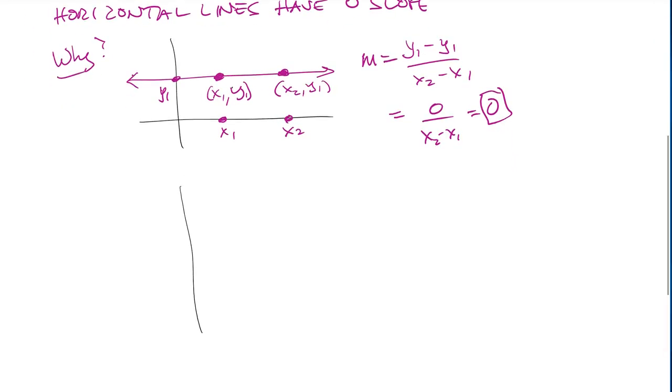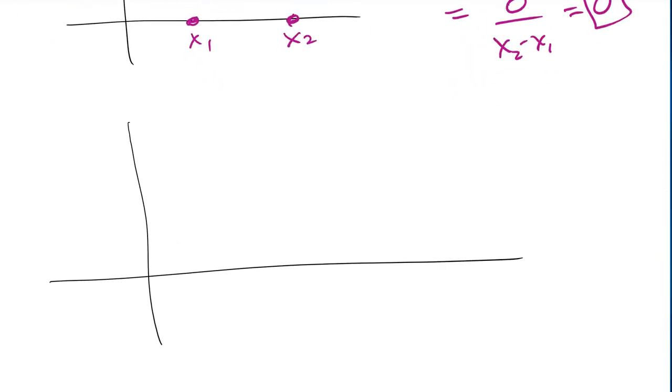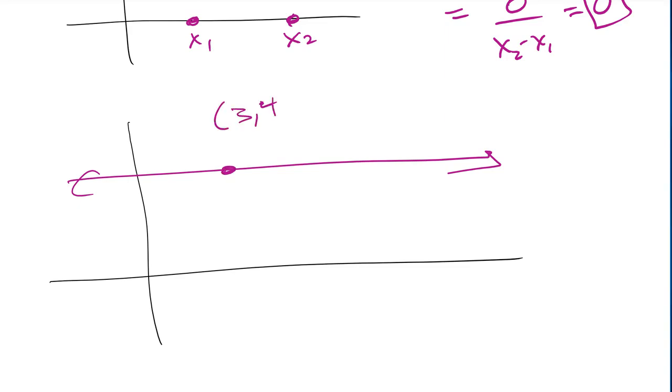Okay, so suppose we have this line and one of the points is (3, 4), and the other point, we'll say that this is 4 here, and the other point moves along and it's (6, 4).